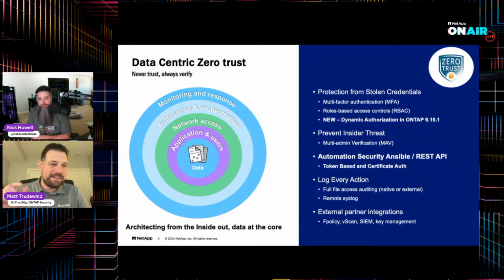Again, you can switch that out to money if you want to, but you have applications, users, networks, automation, monitoring, response, all trying to interact with data in some way. That's what hackers and malicious insiders are after. And so we apply these zero trust principles of trust no one, always verify, always assume you've been breached, always assign least privileged access. We apply that to our data and our ONTAP arrays.